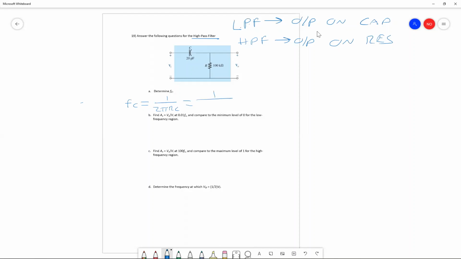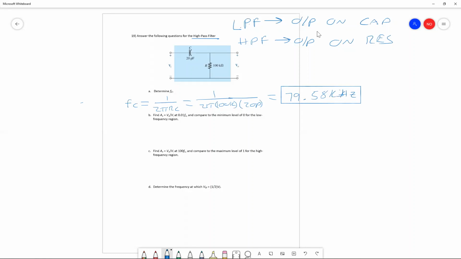So that's going to be 1 over 2 pi times 100 kilo, and then that'll be 20 pico. Remember, pico is 10 to the negative 12, and that's going to get us roughly 79.58 kilohertz. Remember, frequency is in hertz, but usually if you have something high, you use a metric prefix like kilo, mega, giga, whatever the case is.